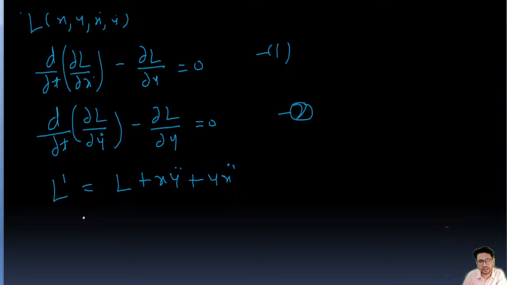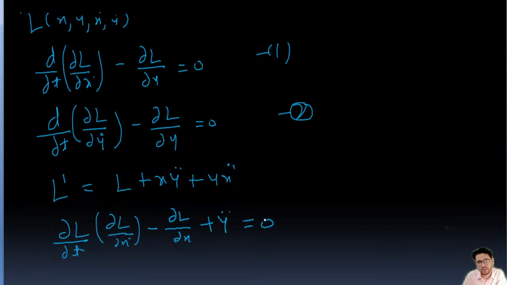Then the equation of motion is going to be d upon dt of del L upon del x dot minus del L upon del x, plus y double dot, equal to 0.